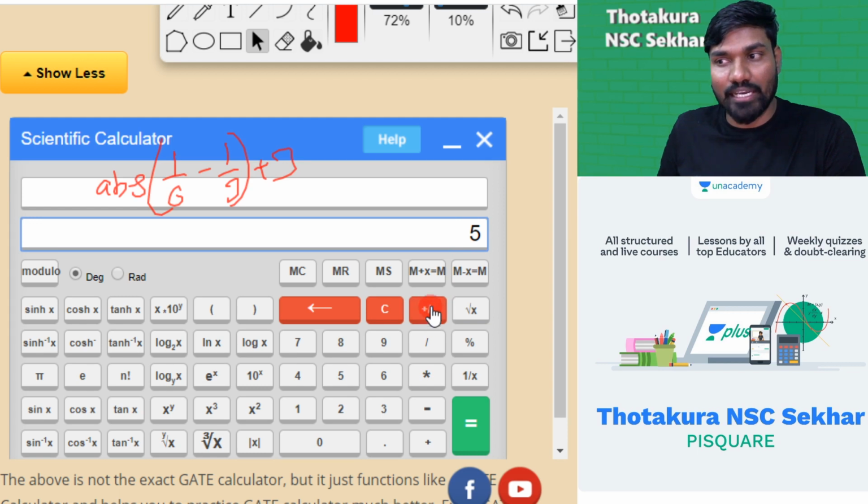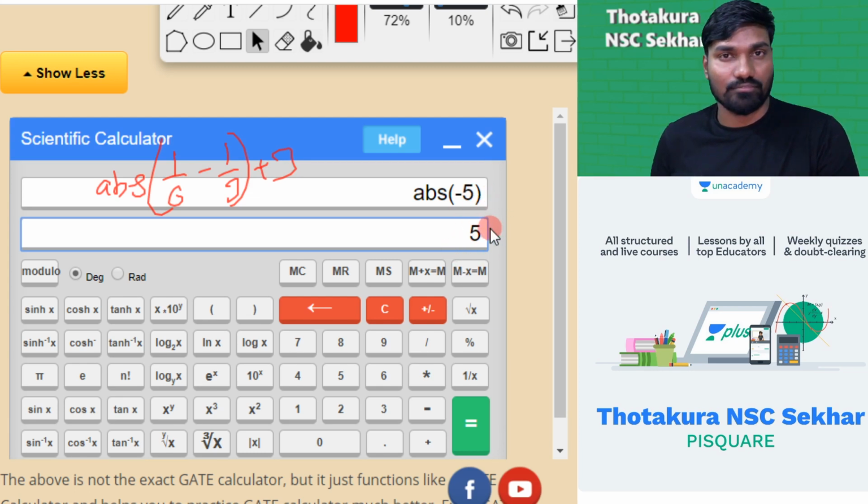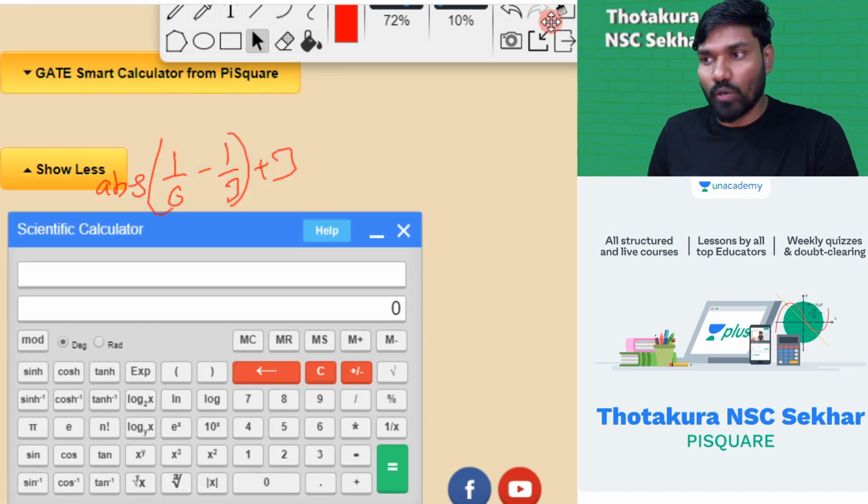If you press it again, it will change to plus 5. So you can change the polarity like this. Minus 5 we have. If I take this operation, whatever the value here, it will take it as x. If I hit this, what will happen? Absolute of minus 5 is 5.